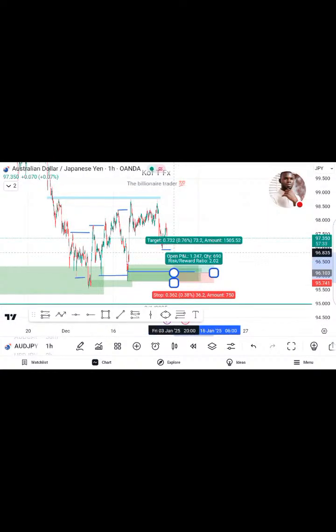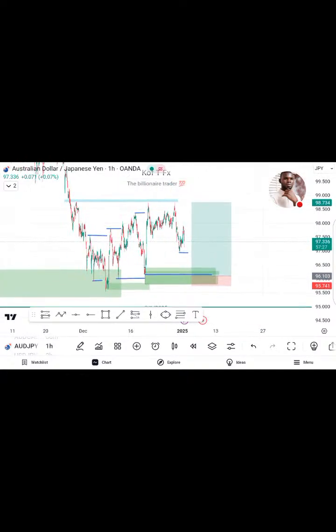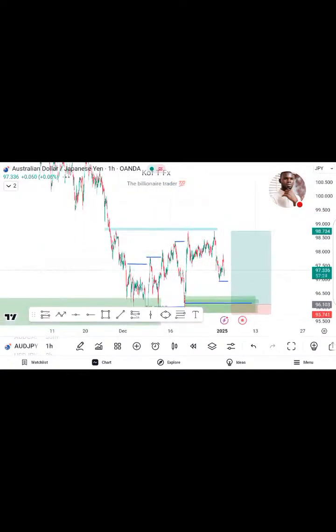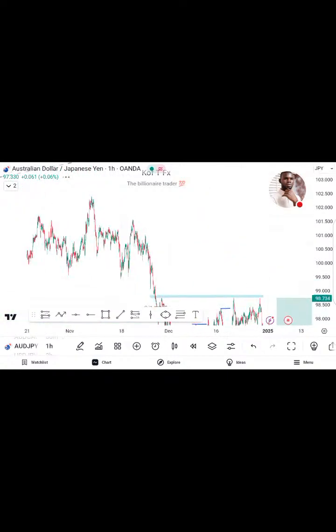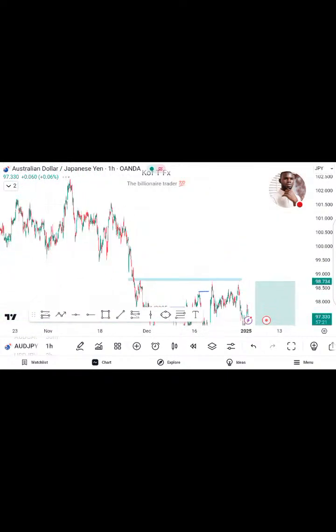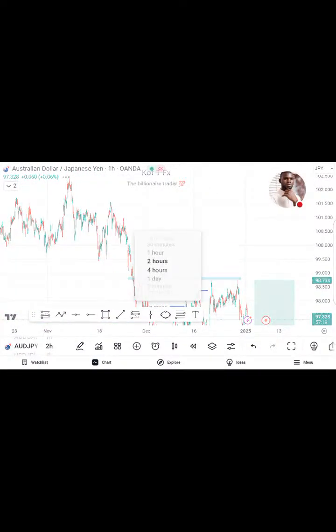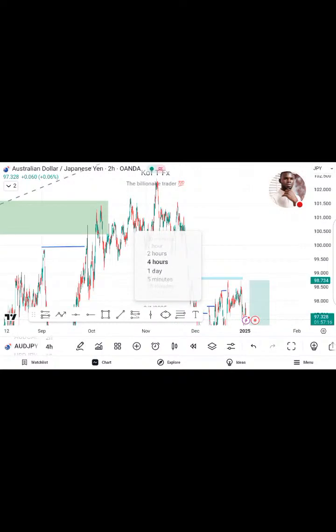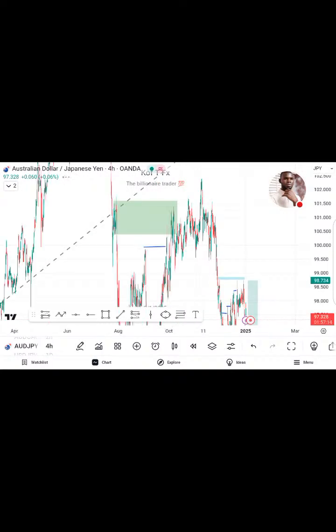So the first TP will be this equal high. That will be the first take profit for me. And let me go to how I was coming from.